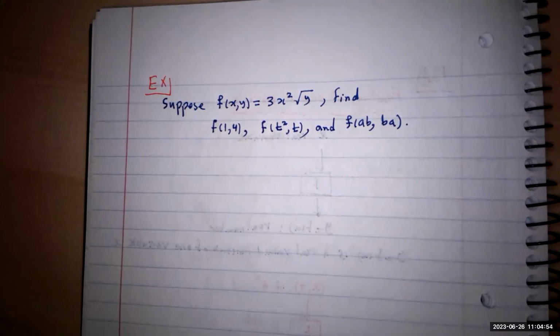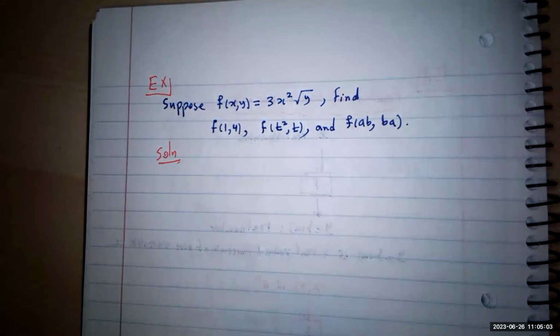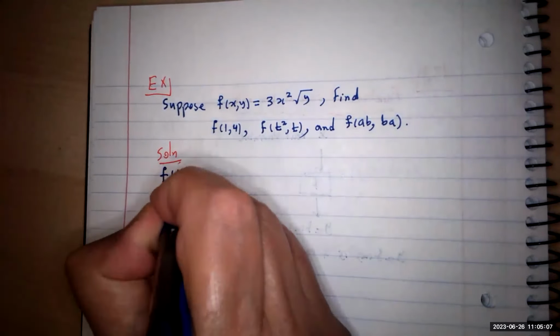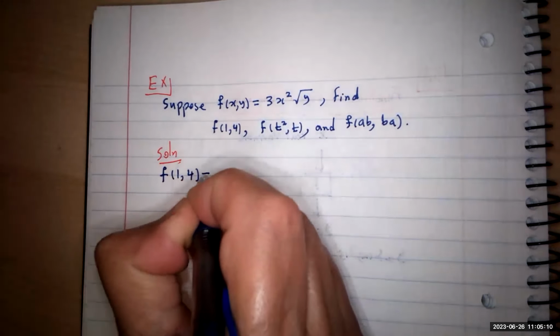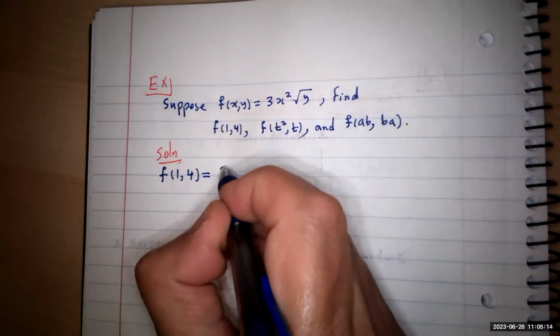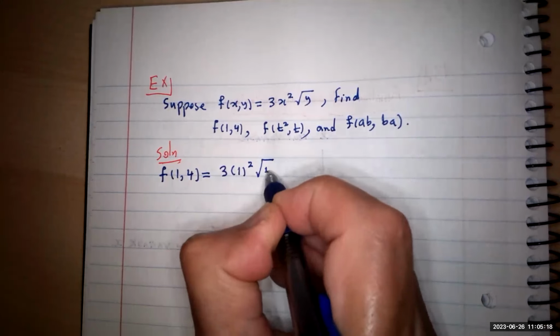You know that the function is a machine, so you drop these numbers in, plug in, and you get the result. So the solution: the first one, f of 1 and 4. You go to the function and replace x by 1 and y by 4. Carefully, it's going to be 3 times 1 squared and the square root of 4.